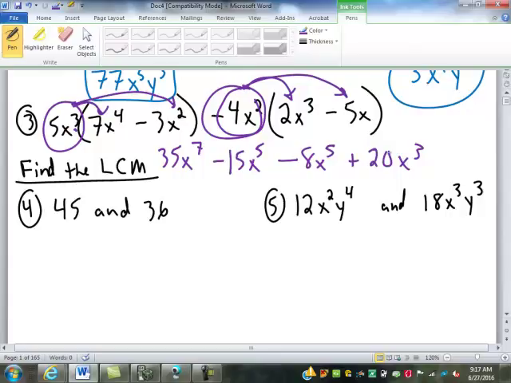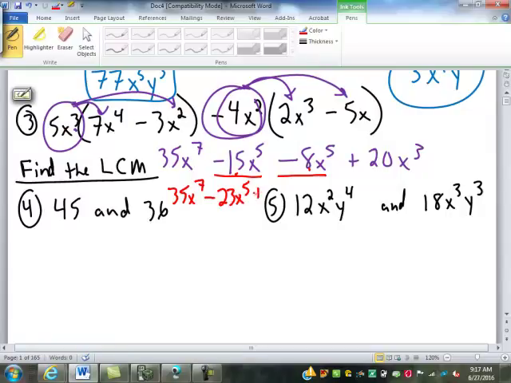Now what? All done? We still have to combine. We've got a -15x to the fifth and a -8x to the fifth. So you have the 35x to the seventh, which doesn't change. -15 and -8 makes -23x to the fifth. We're adding, so we keep the same name, so we don't combine the powers in this part.